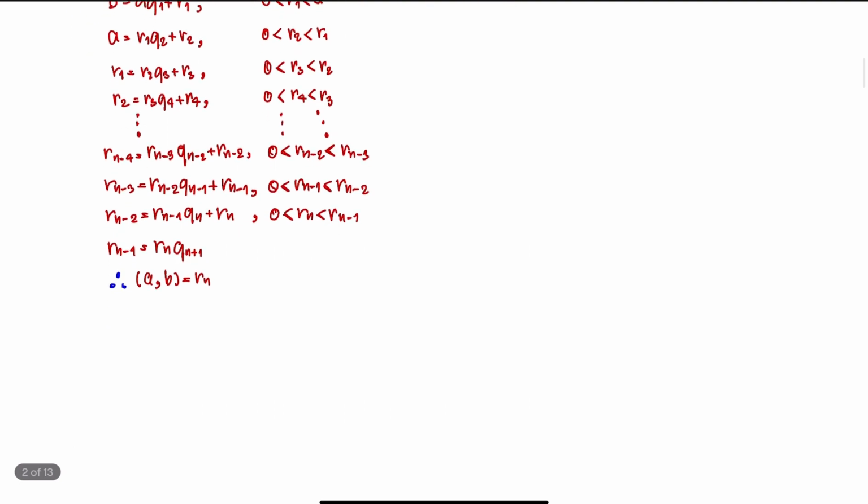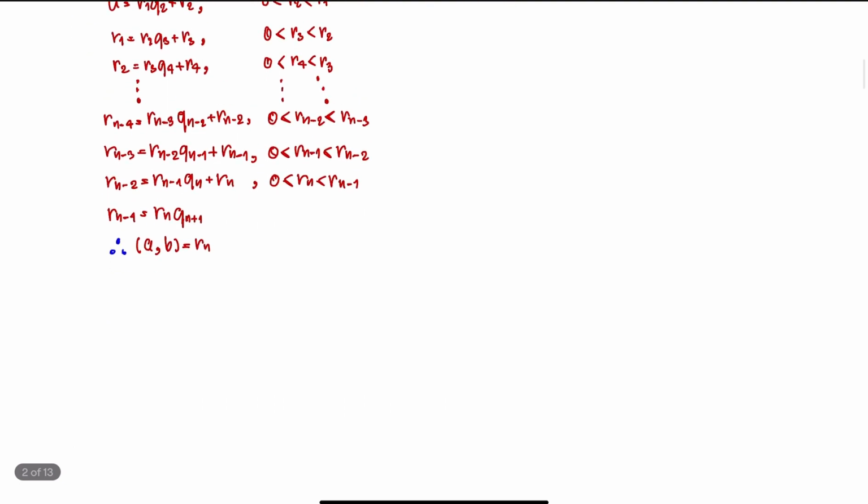Let me write this. We have rn minus 2 equals rn minus 1 qn plus rn. Sorry, just rn. We try to write rn, because rn is the greatest common divisor of a and b.